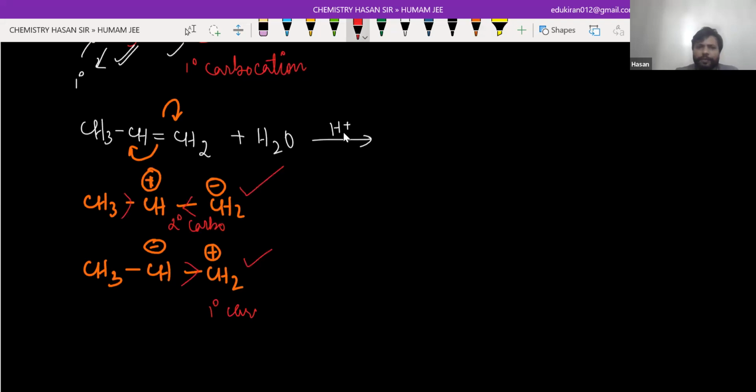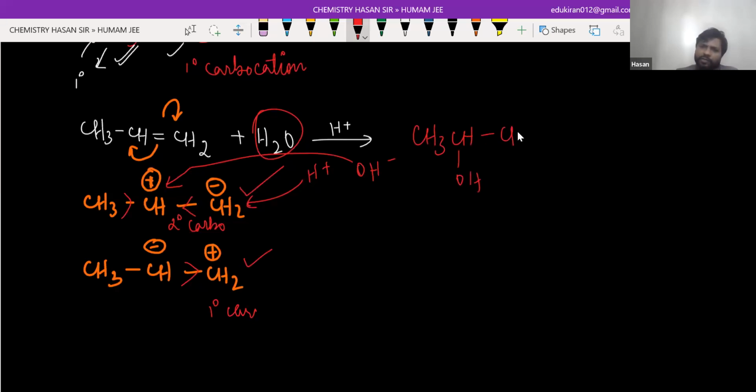H2O has two parts, H plus and OH minus. H plus will go with this, and OH minus will go with this, and you will get CH3 CH, and here it will be OH and CH3. This is how we do the reaction. In short, we can call it Markovnikov, but be careful because rearrangement is possible. In short, you are going to do Markovnikov.